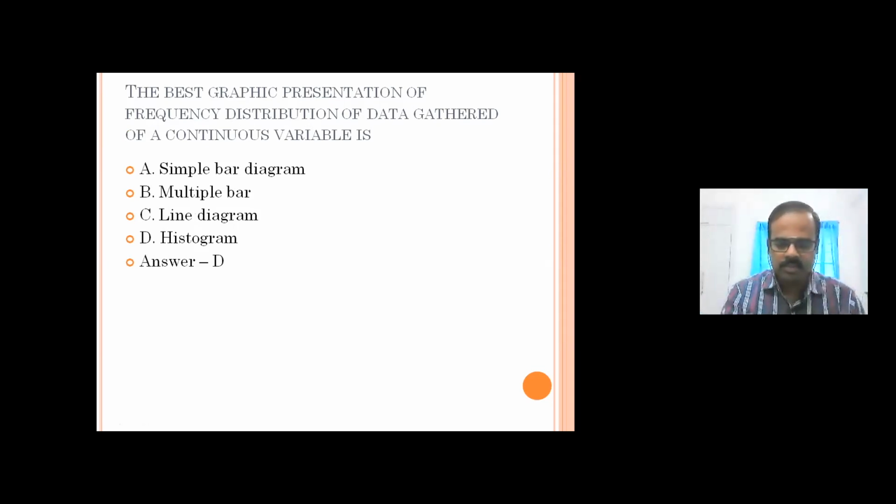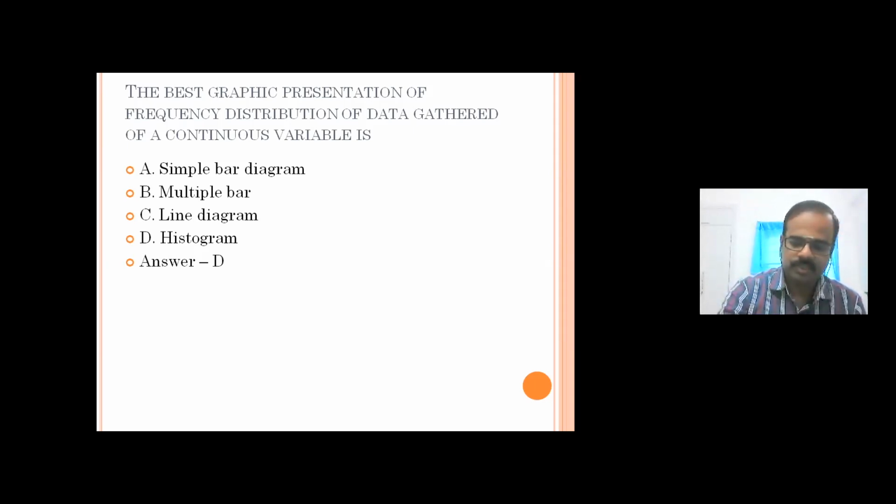So 0 to 10, 11 to 14, some class intervals are given on the x-axis, and the y-axis will have the frequency. So what is the other name for histogram? Area diagram. The first line which I told you, histogram is also called area diagram.